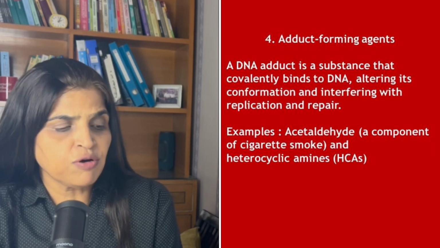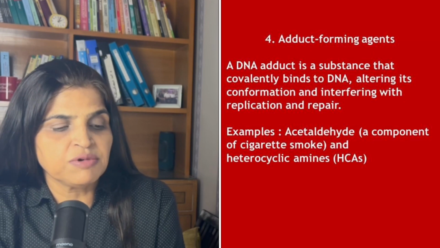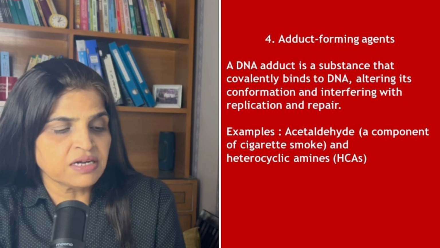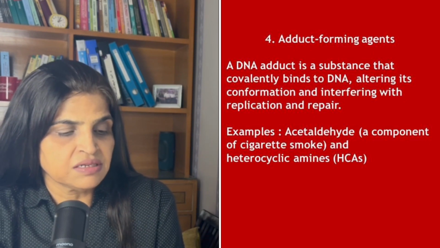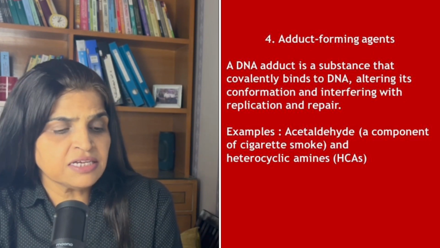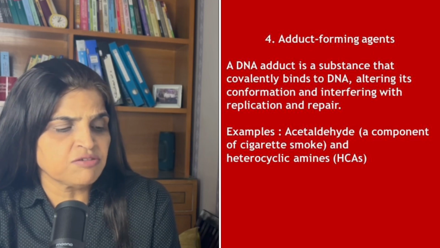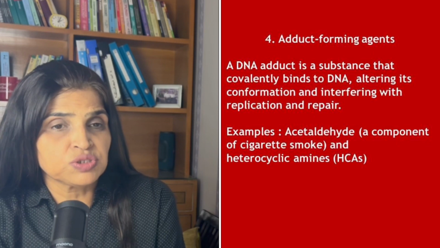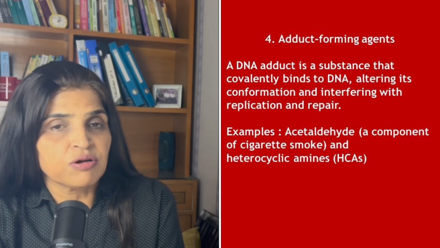HCAs are formed at high temperatures from amino acids and creatinine, and they covalently bind to guanine bases. At least 17 different HCAs have been linked to the development of cancer, such as those of the stomach, colon, or breast.